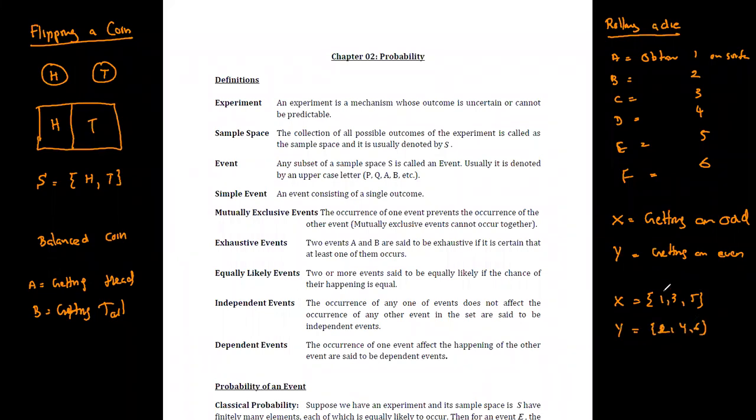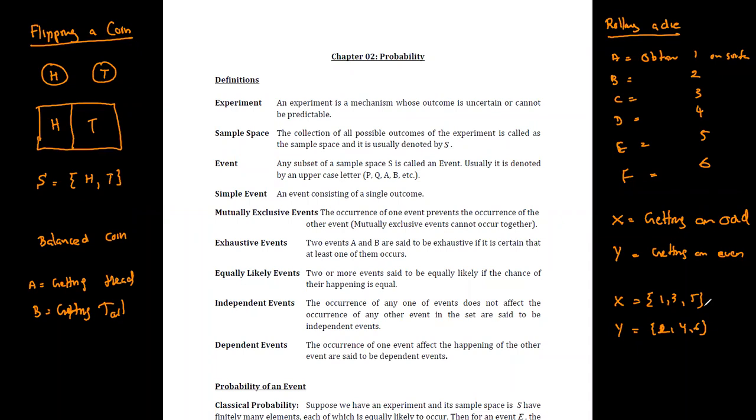Later we will discuss this concept, but here we have an equal number of elements. Therefore, since it is a balanced die, the chance of occurrence of event X is the same as the chance of occurrence of event Y. Then we can say that event X and event Y are equally likely events.